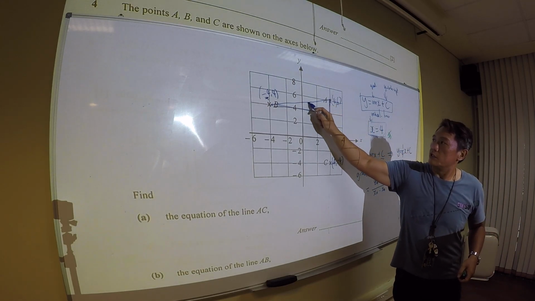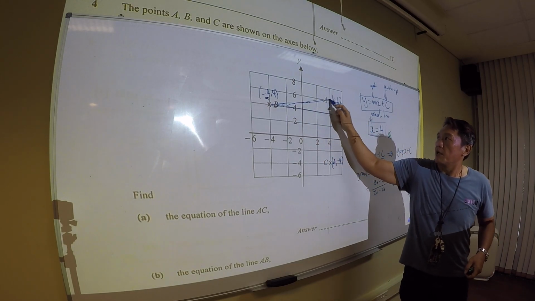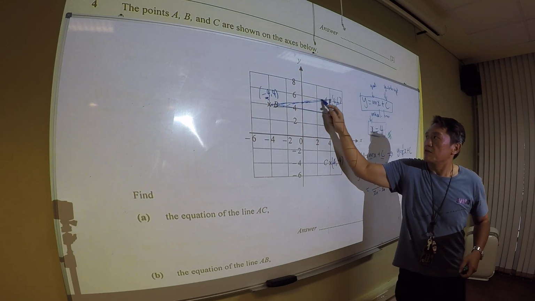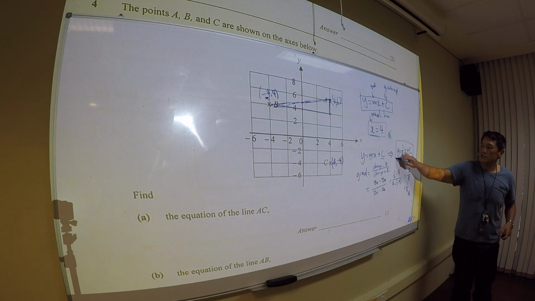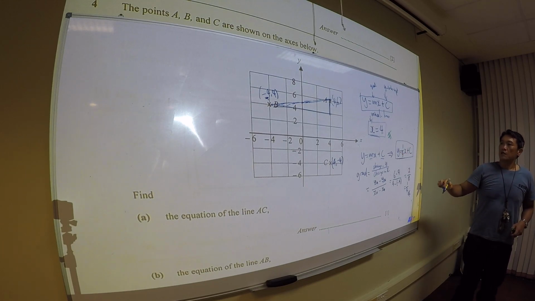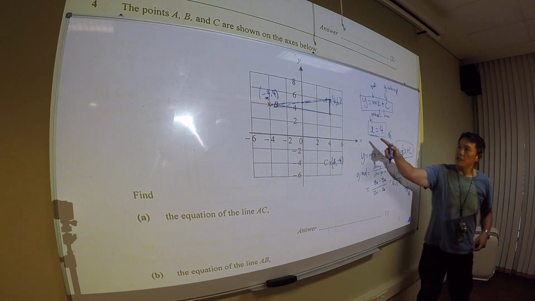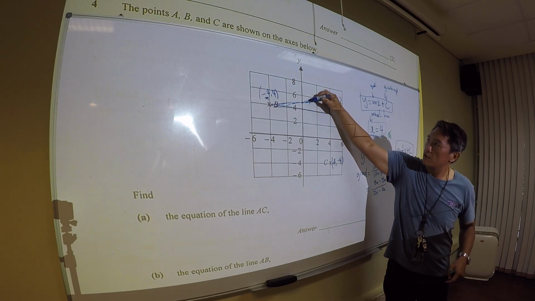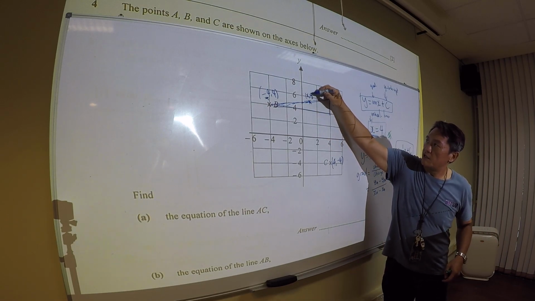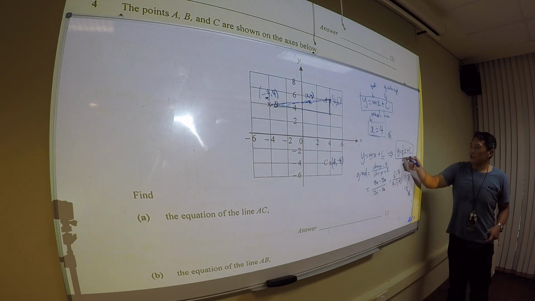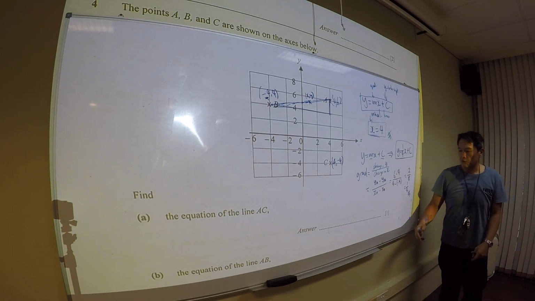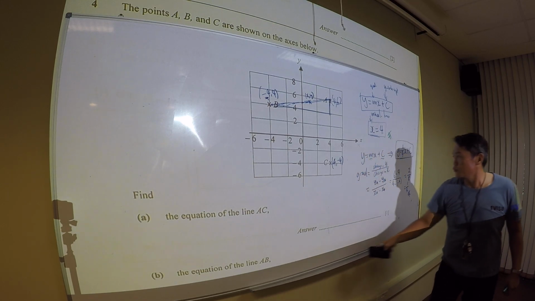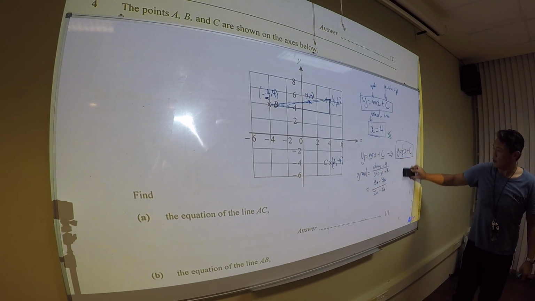All these points from A, B, and anything in between must fulfill this equation. Meaning, if I put any coordinate here, the x and y, into the equation, my left and right should be balanced. So the way to do it is to choose either point A or point B.